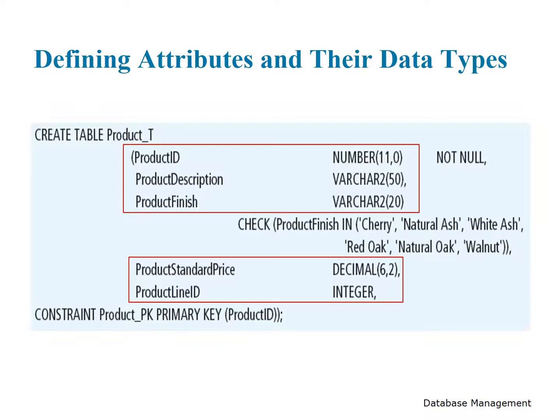In this case, some are numeric and some are character. You can also specify column size for numeric columns. You can specify whether they will be integer, which product ID is, or a decimal value such as product standard price. So you can see here, and here.